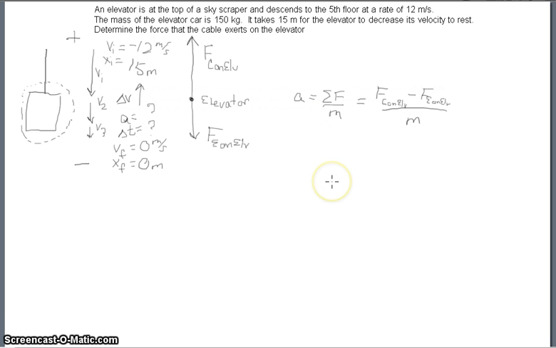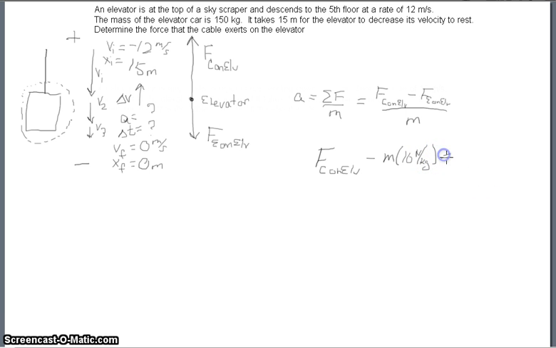Alright, it's asking us to determine the force that the cable exerts on the elevator. So I want to solve for this guy right here. So we're going to take this and we'll say, alright, the force of the cable on the elevator minus the force of the Earth on the elevator. So we found out today in class that mass times 10 newtons per kilogram will give us the force of the Earth on the elevator.